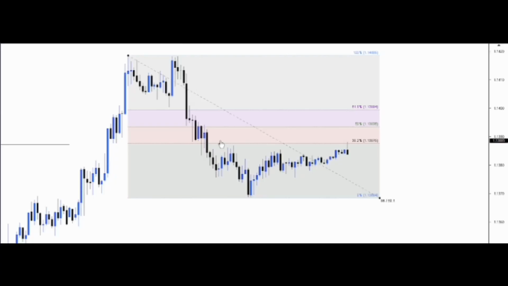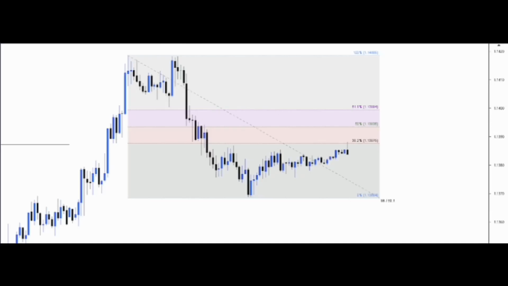Can you take it that way? Well, I would not like to take something like this. I want a clear key level on the chart. So for me, I will not look at this 50% Fib level. Is there any clear key level? No. But 61.8 Fib level has clear structures in the market.